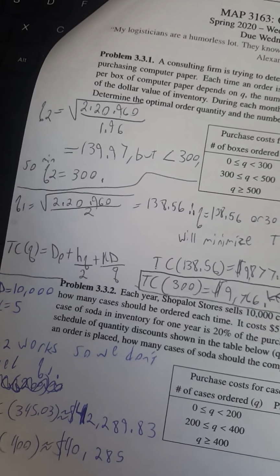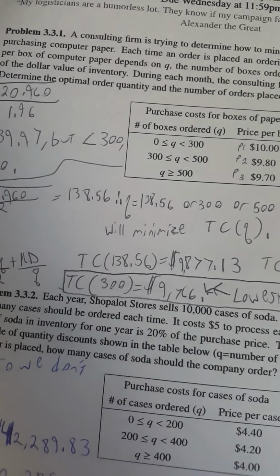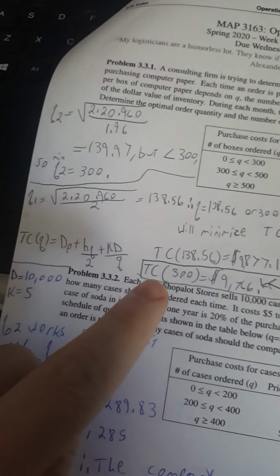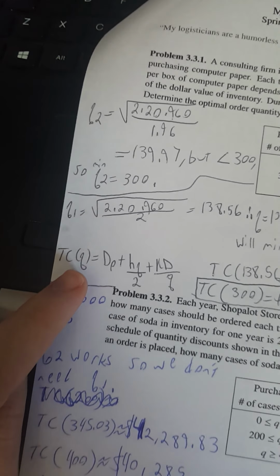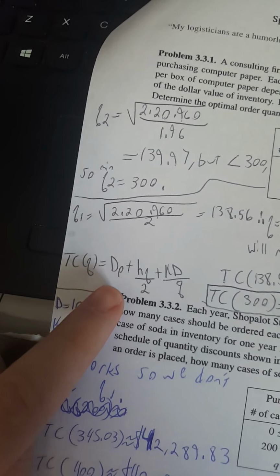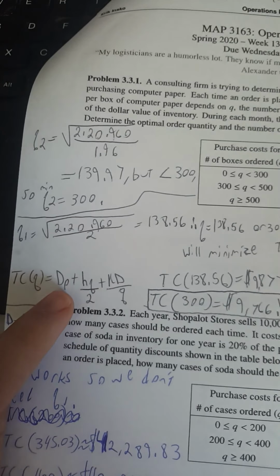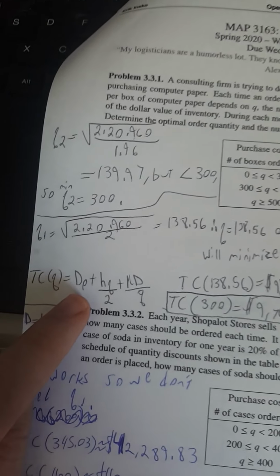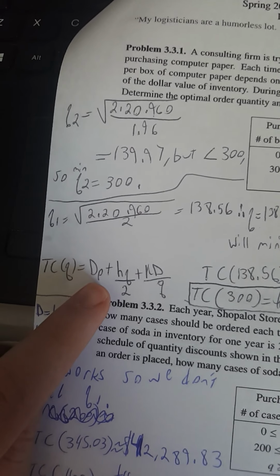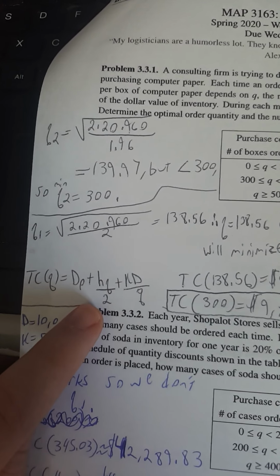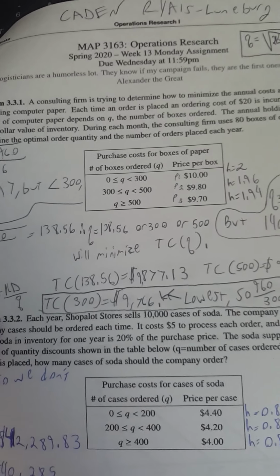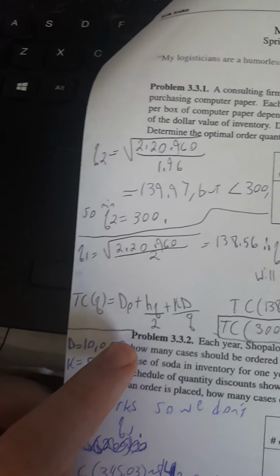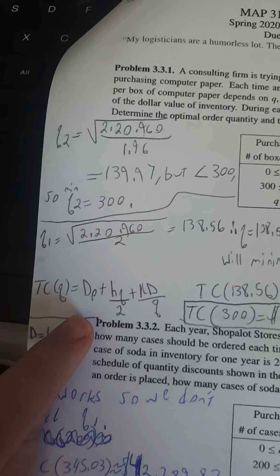And then we just plug those three potential values into our total cost equation, which is D times P plus HQ over 2 plus KD over Q. We plug those in, and I'm not going to bore you with the algebra.